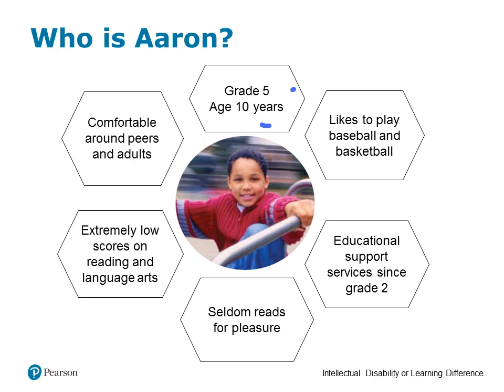He probably was never retained. When you meet Aaron, you will notice that he has this really engaging smile. He's easygoing. He's friendly. He enjoys the company of others. He likes being around his peers as well as other adults. He likes to play baseball and basketball. He believes he's a really good athlete.